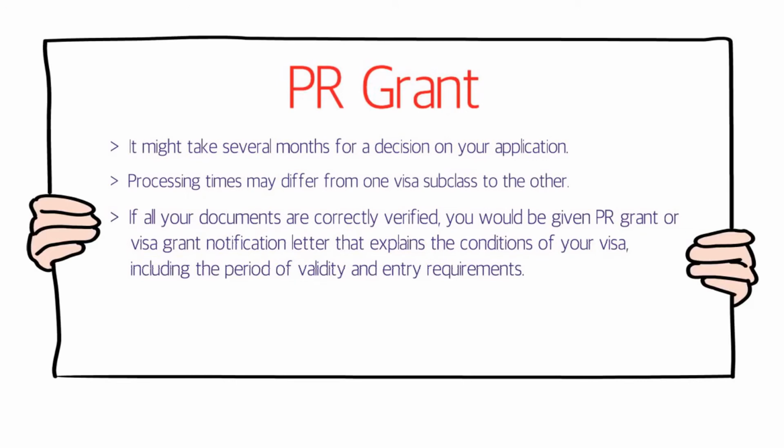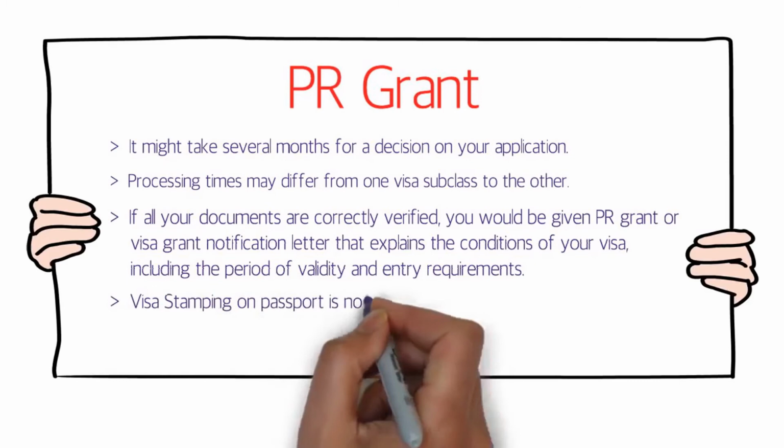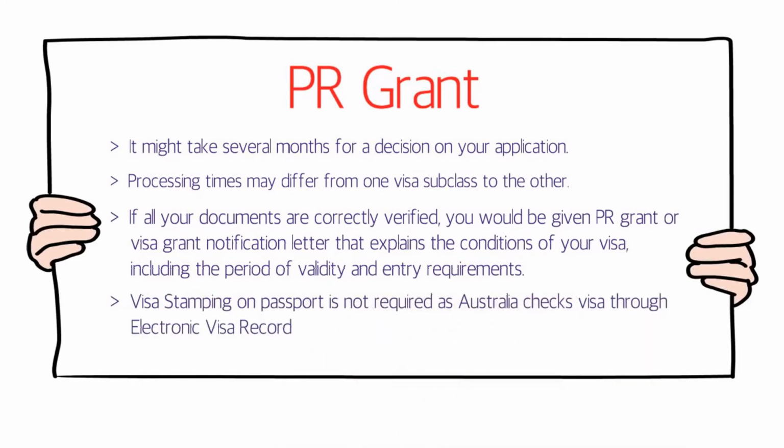You can come back obviously, but you have to land there for the first time in that period. Also, visa stamping on the passport is not required, like in the case of Canada. It's not required here as Australia works on e-visas now, and your visa would be checked through an electronic visa record.